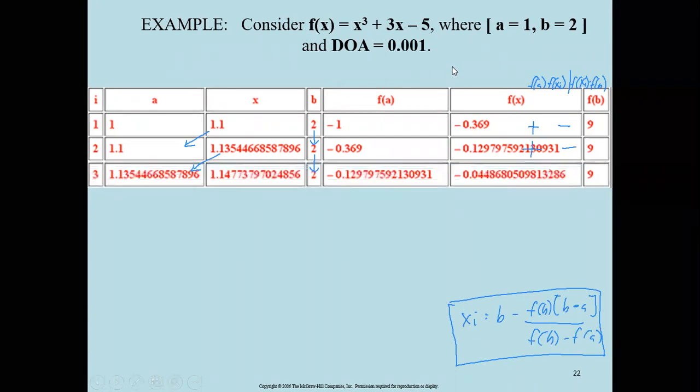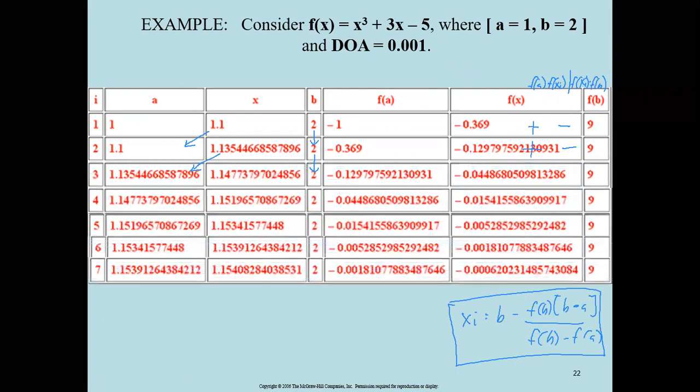Okay? So that process, repeat until such time that we can reach this condition: the absolute value of f of x is less than or equal to the stated degree of accuracy in the problem, which is 0.001. So obviously, if you take the absolute value of this, this is obviously less than 0.001.